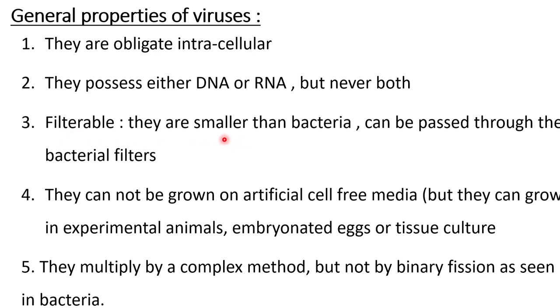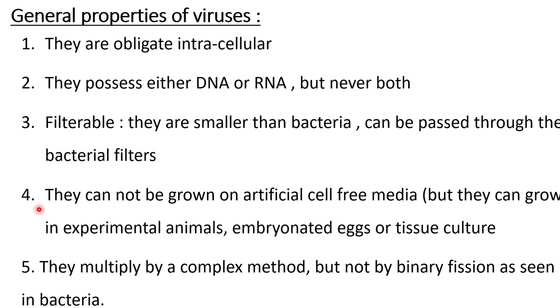As I have already told, bacteria are 1000 times bigger than viruses, measuring in micrometers. So if we are using the bacterial filters, of course the viruses can be filtered because they are very small compared to the bacteria. Viruses can be filtered in the bacterial filters.